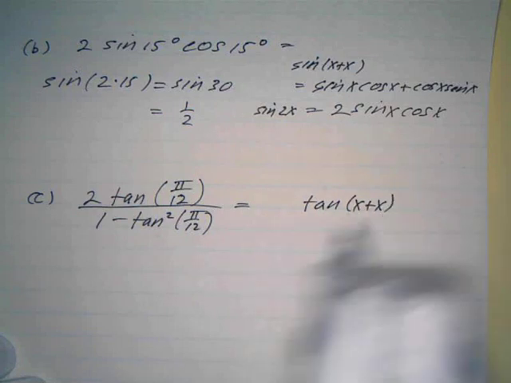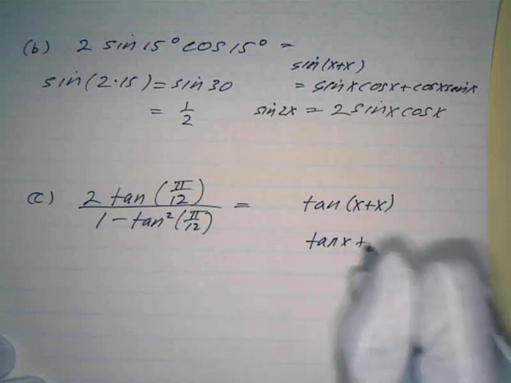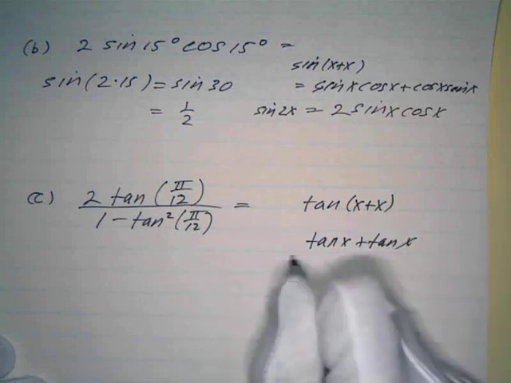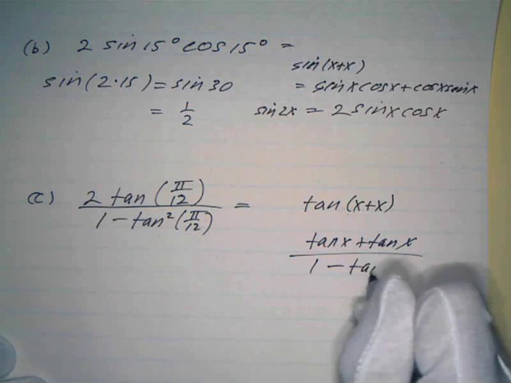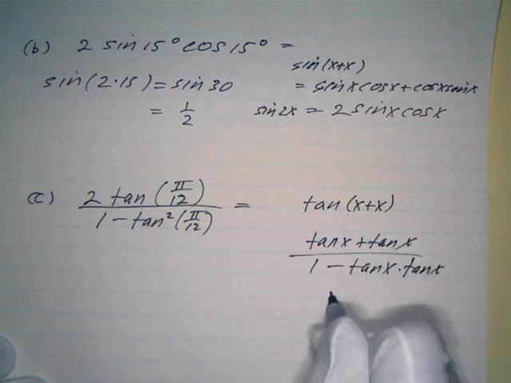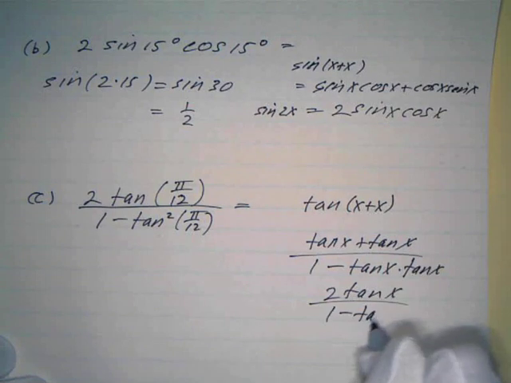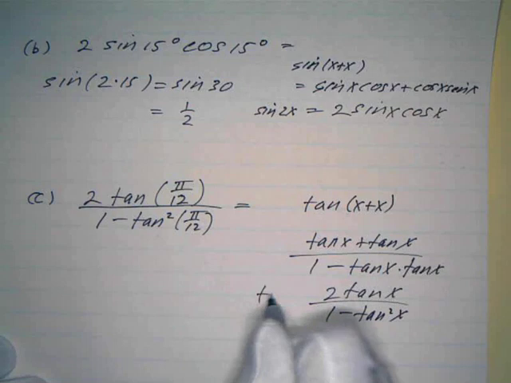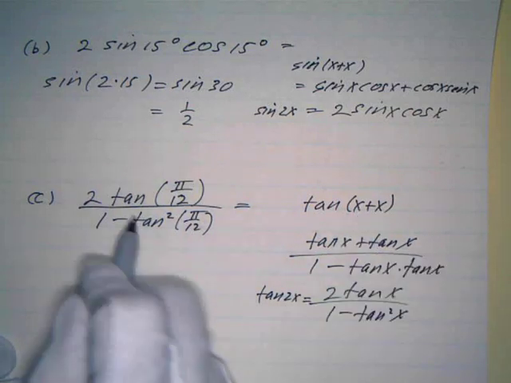Okay, that just equals the tangent of x plus the tangent of x all over 1 minus the tangent of x times the tangent of x. And that looks like 2 tangents of x all over 1 minus the tangent squared of x, and that's going to be the tangent of 2x.